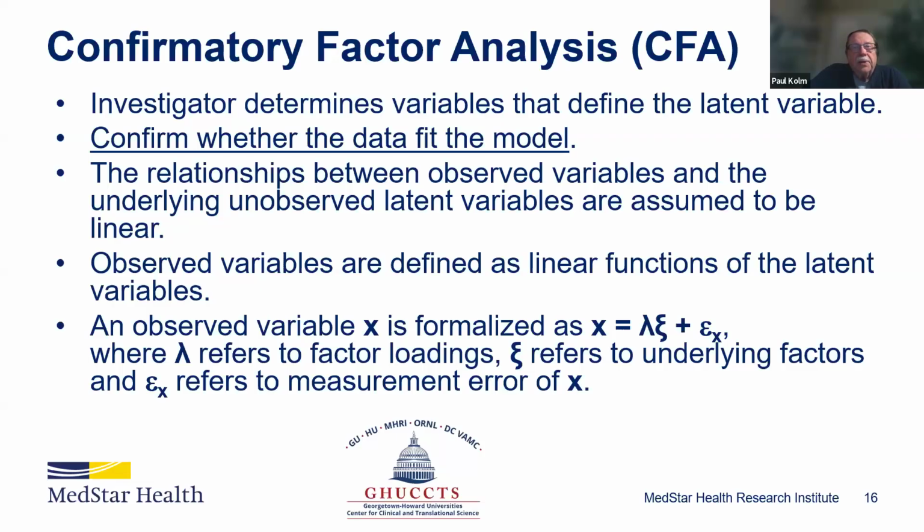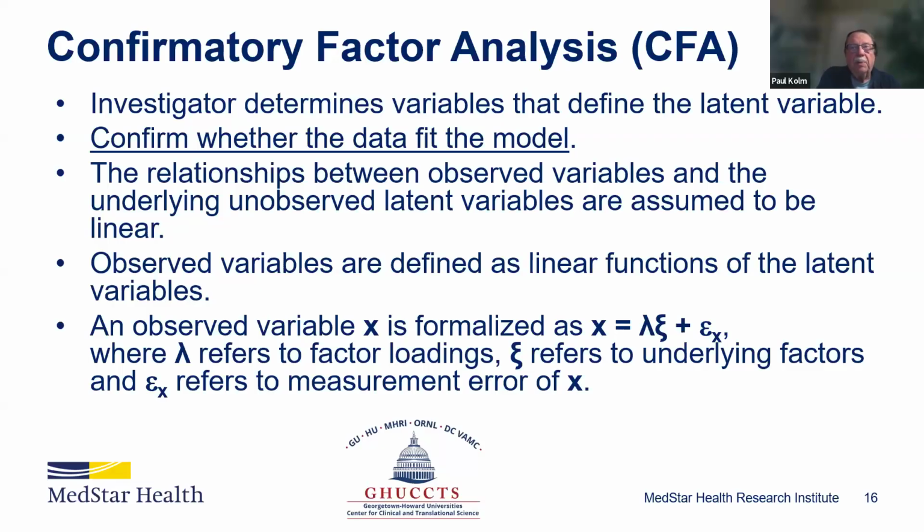And so in the same way that we are similar to the exploratory factor analysis, we have our observed variable X is equal to lambda, the factor loadings, the underlying factors, and then measurement error.